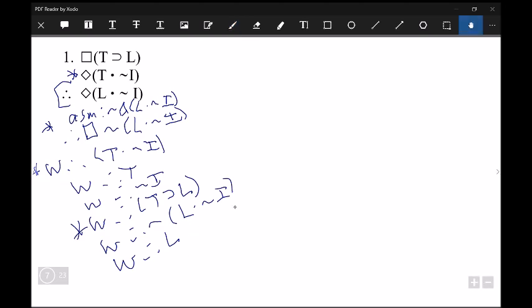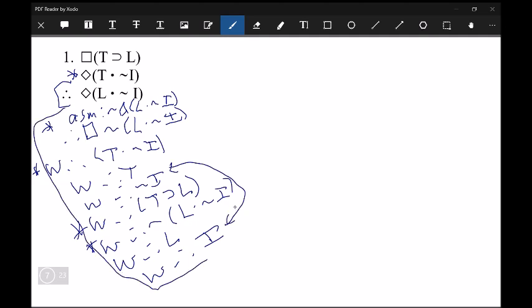L is, therefore I is not. Not I is not, so you get I. And then you get a contradiction. So the assumption leads to a contradiction, and you conclude the opposite: it's possible that you lie and don't intend to deceive, which is valid.